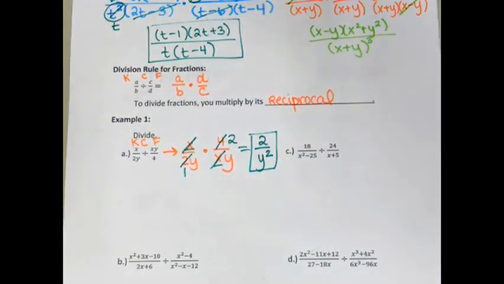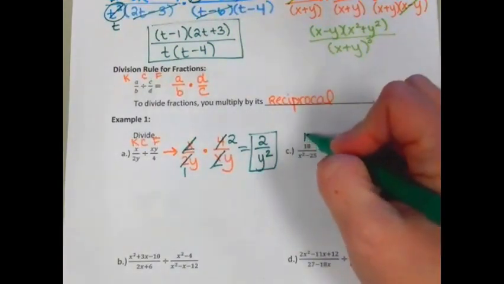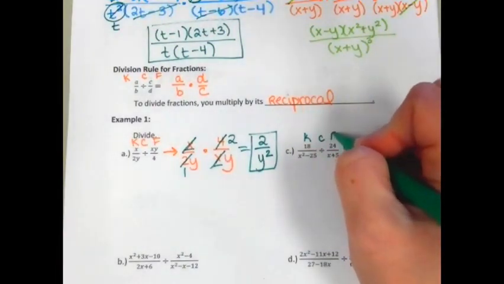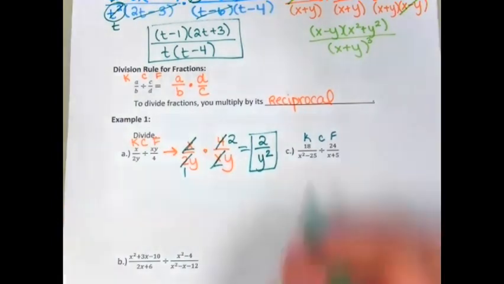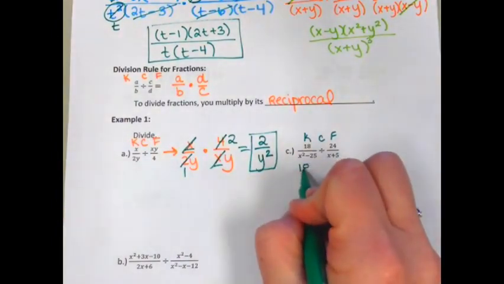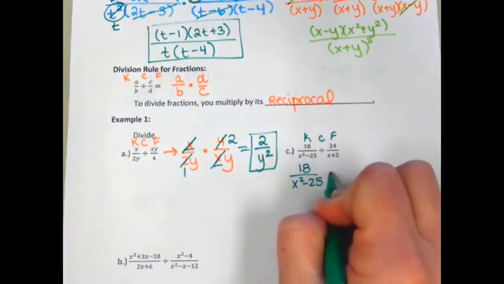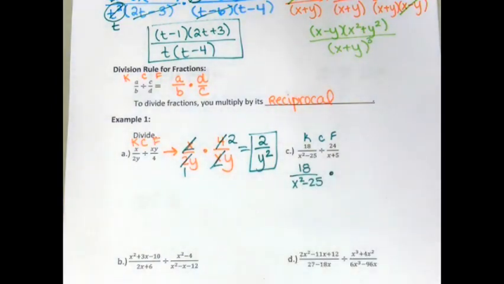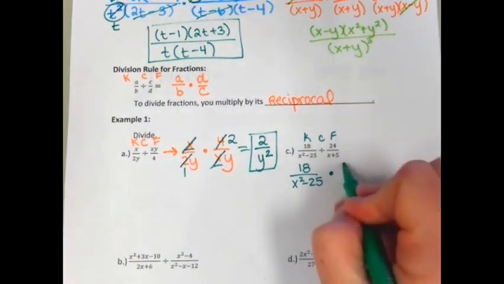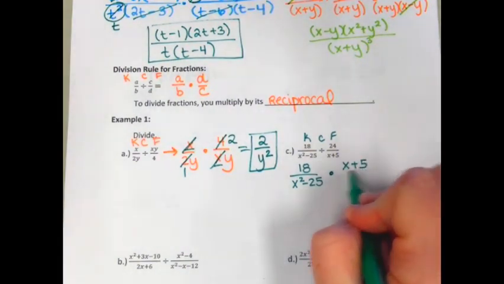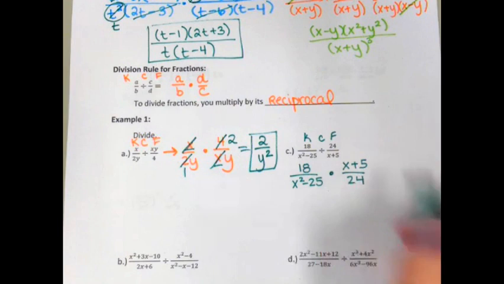Right. In C, we're going to keep it, we're going to change it, we're going to flip it, right? So we're going to have 18 over x squared minus 25 times what? Yep, x plus 5 over 24. Now, this is right back where we were in bell work and Tuesday's lesson.